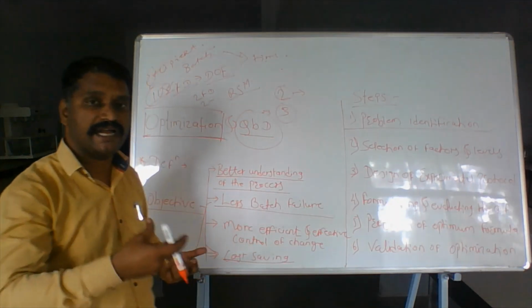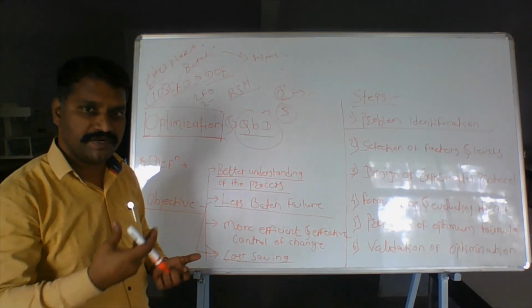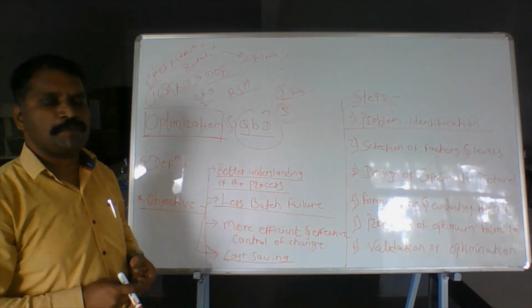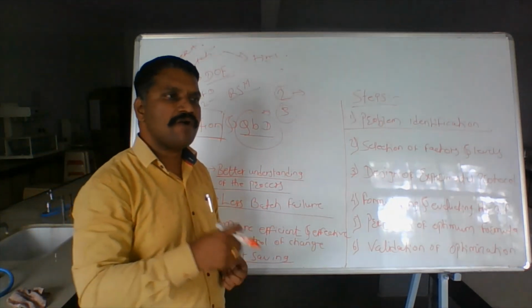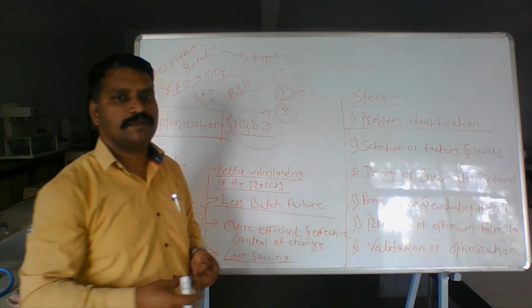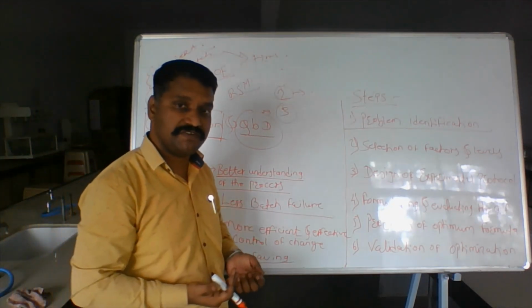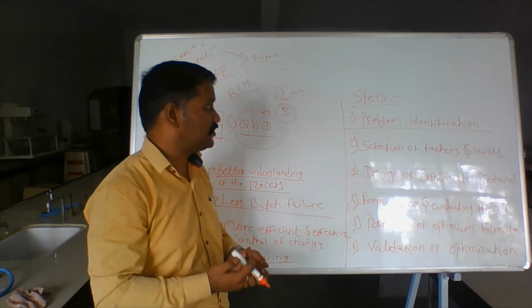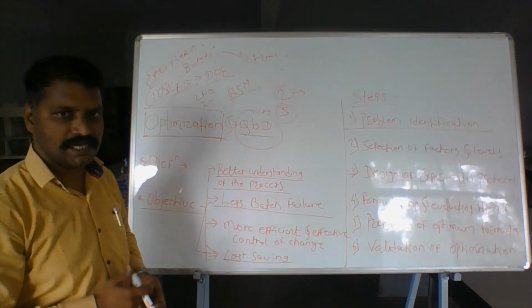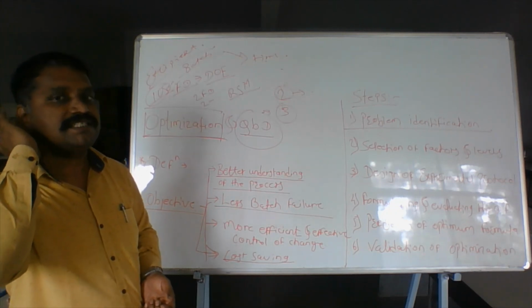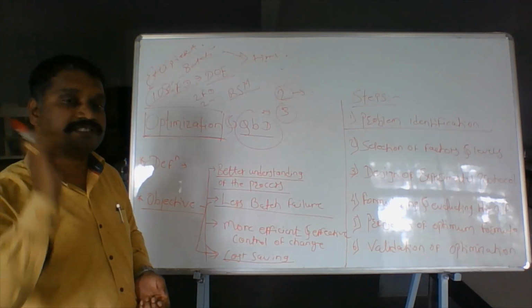We have to hide or mask the bitter taste of that particular drug. So the next step of research is how to mask the bitter taste of a drug by using sweeteners, natural sweeteners, artificial sweeteners, etc. So this is the first step of optimization, problem identification of the existing formulation.